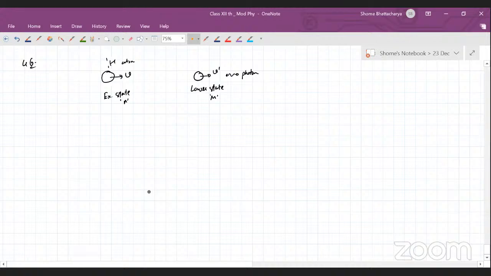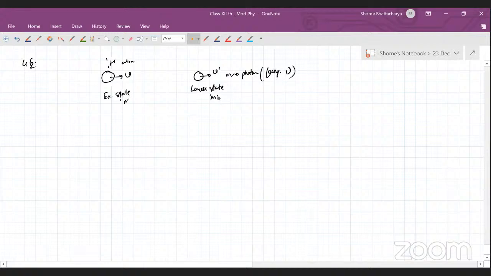Okay, so we have to apply momentum and energy conservation principles to calculate the frequency of the emitted radiation. Now this photon is of frequency mu.